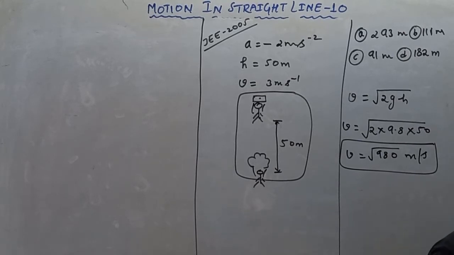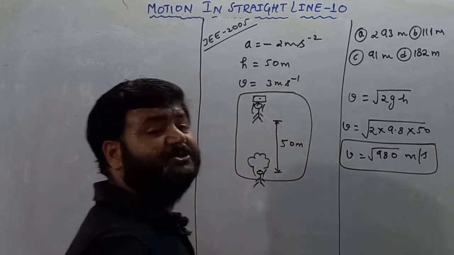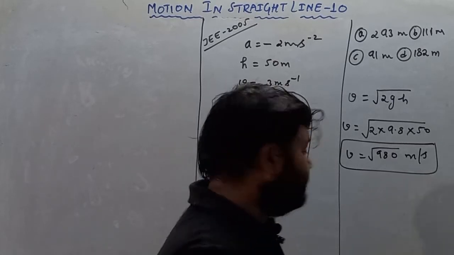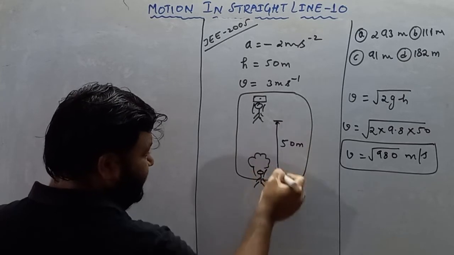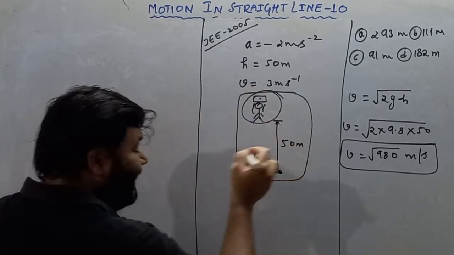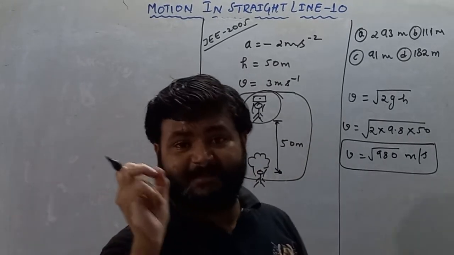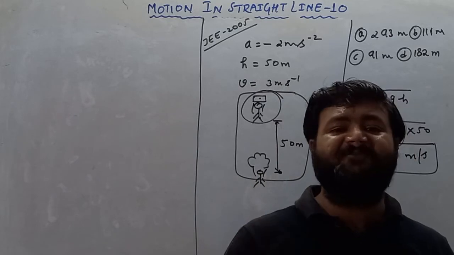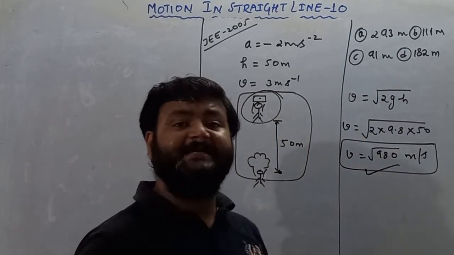Now they are saying that after traveling a distance of 50 meter, the parachutist opens the parachute. Let's suppose this is the point which is 50 meter below the starting point. Without opening the parachute, the parachutist is under free fall condition, so his velocity is under root 980 meter per second.